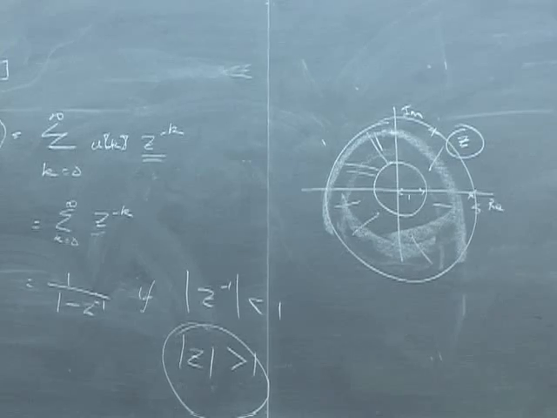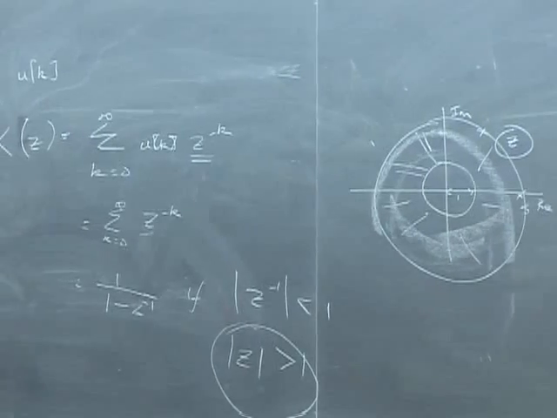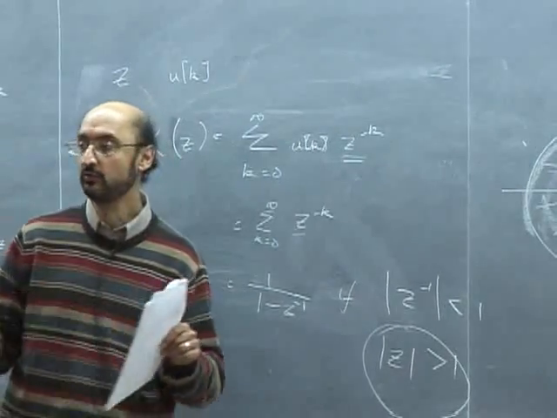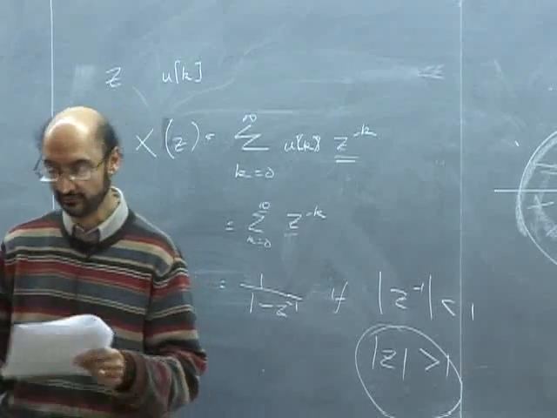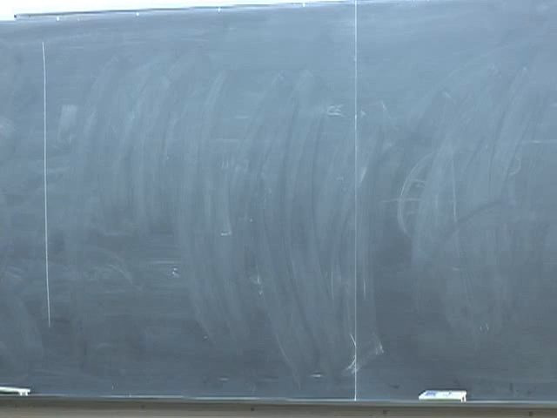In that annulus is where convergence is defined, where the value of z is between two values, alpha and beta typically. Okay, so coming back to the z transform, let me do a couple more examples.